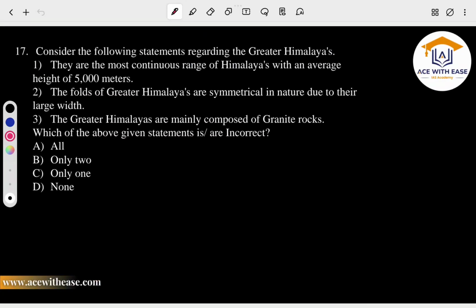17th question. Which of the following statements regarding Greater Himalayas are incorrect? Always be sure to underline or highlight the word incorrect or correct in your statement, so that the chances of you missing the question or keeping the wrong answer will be reduced greatly.